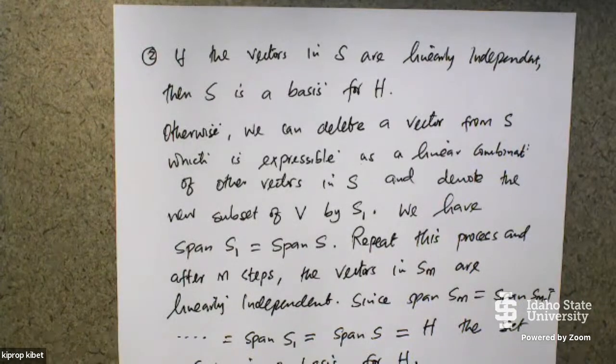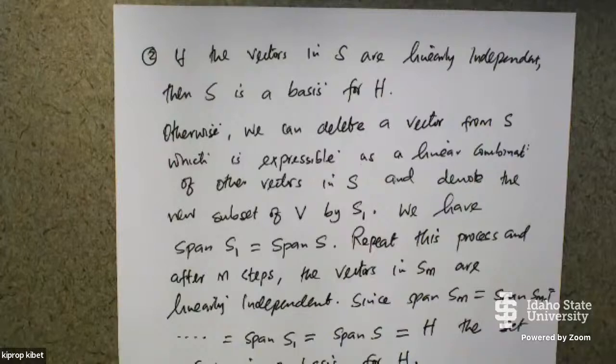So what do we do here? Like what we just did in section 1, V1 was in S, so we deleted V1, and now V1 is in the span of what is remaining. When we delete the next one, V2, the remaining ones will still span.